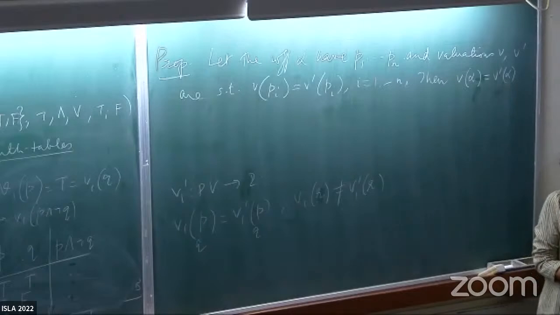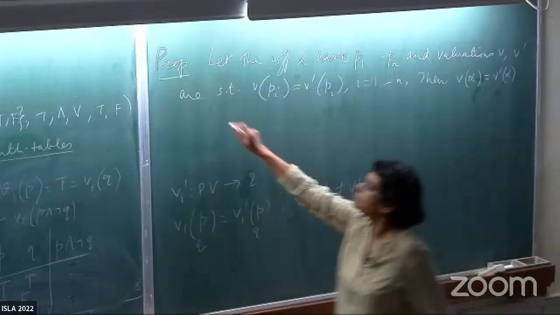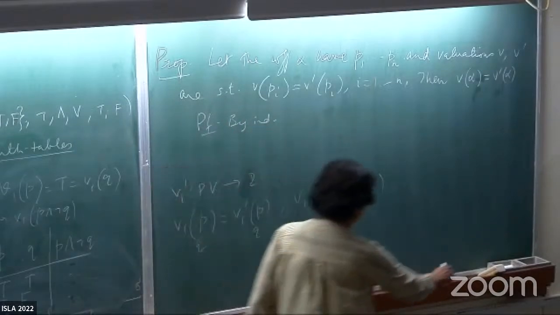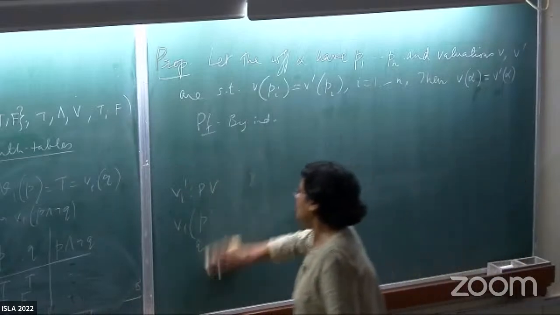If you have 2 valuations which match on all the propositional variables in a formula, then they match on the formula itself. This proof I will leave as an exercise. The proof will be simply by induction on the structure of alpha, so to speak, that is the number of connectives it has. So the base case will be when it's a propositional variable, 0 connectives, right? And then you do the other cases, right?